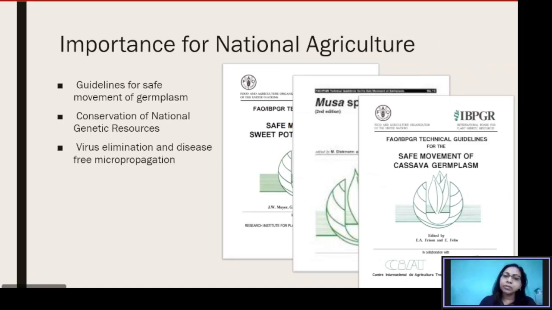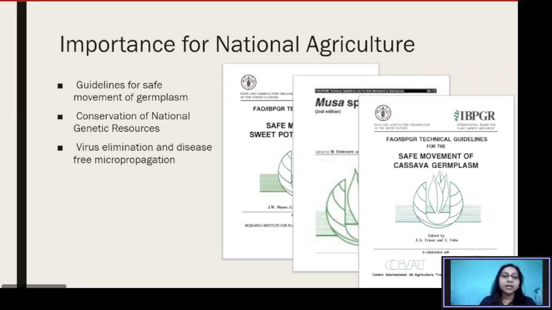And one thing throughout all these documents is the use of plant tissue culture for international exchange of germplasm. So that's one of the key activities of my lab, to facilitate the international exchange of germplasm, which I have done with cassava already.